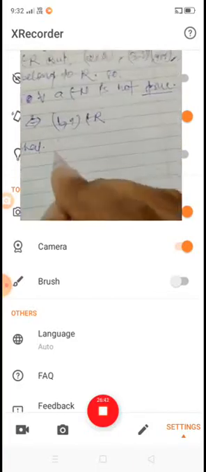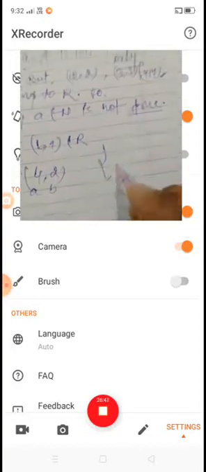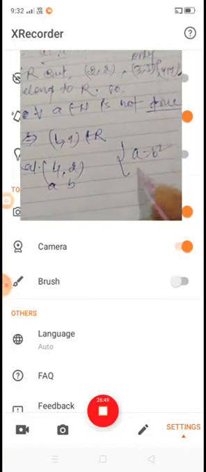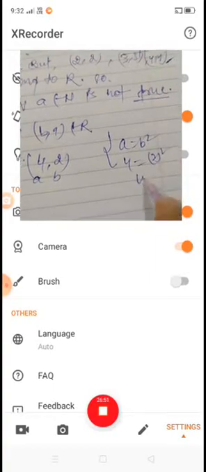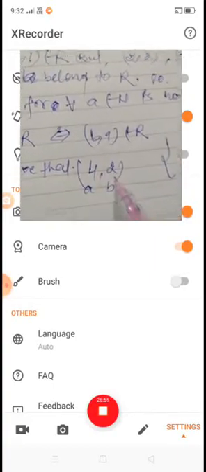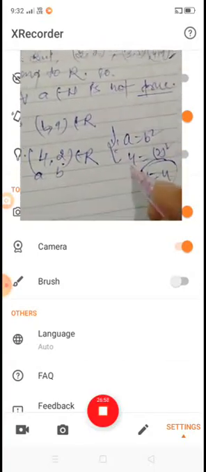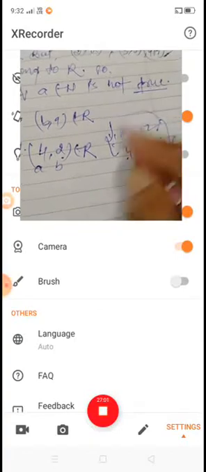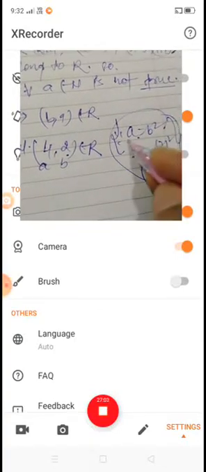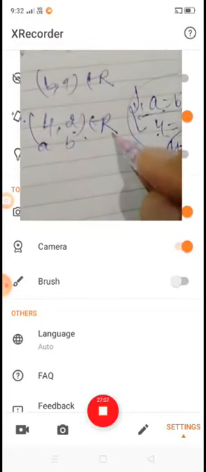We observe (4, 2), that is A and B, and your condition is A is equal to B square, so 4 is equal to 2 square, that is 4 is equal to 4. So we observe that (4, 2) belongs to R because we follow this condition A is equal to B square.